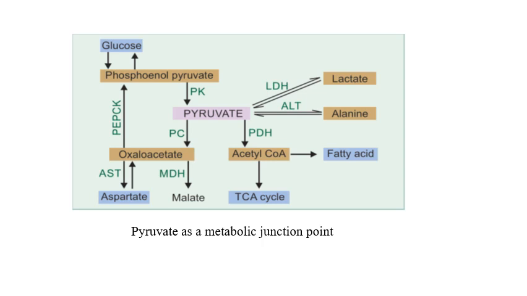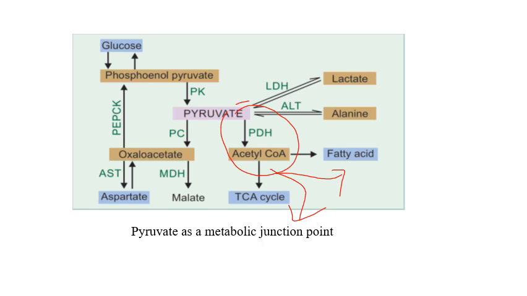This pyruvate can undergo oxidative decarboxylation by PDH, the pyruvate dehydrogenase enzyme complex, to form acetyl-CoA. This acetyl-CoA can enter the TCA cycle, or it can even enter fatty acid synthesis, depending on the situation. That is one fate.